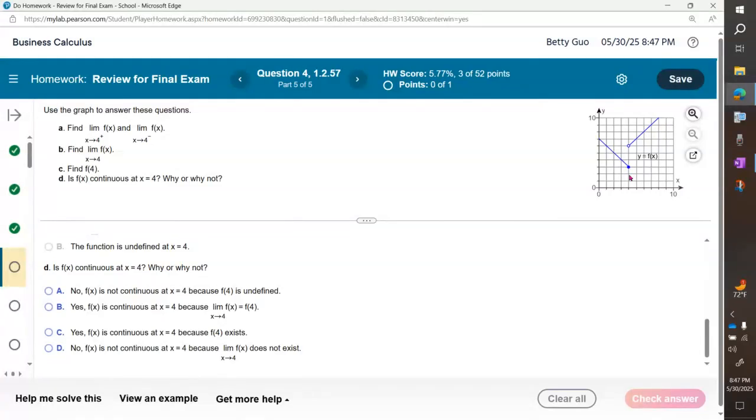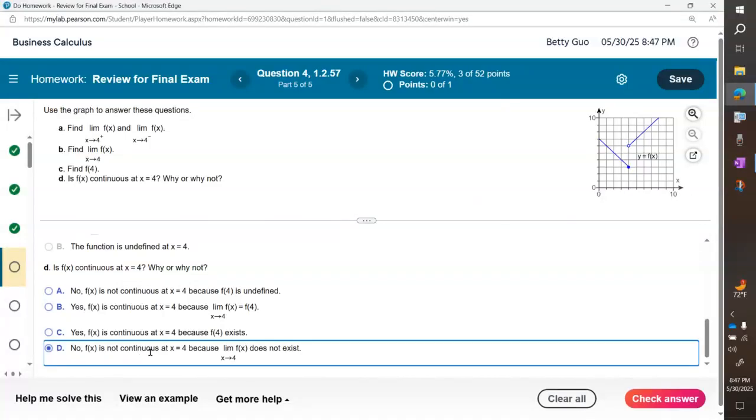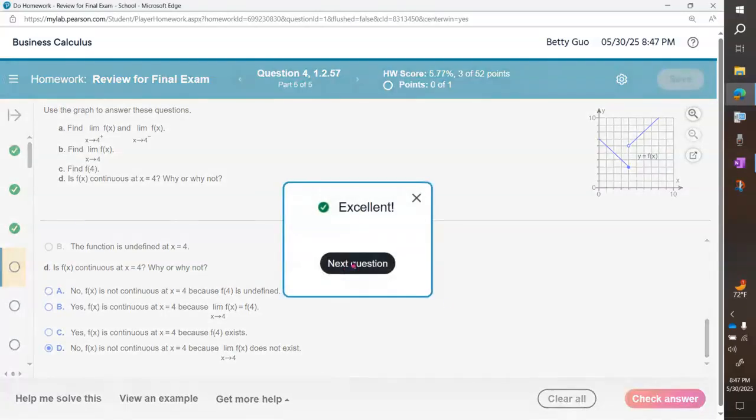In order for a function to be continuous at a certain point, the function must have the limit at that point. Also, the limit has to be the same as the value of the function at that point. Since the limit does not even exist, the function is not continuous. So we should choose no. Not continuous at 4 because the limit does not exist.